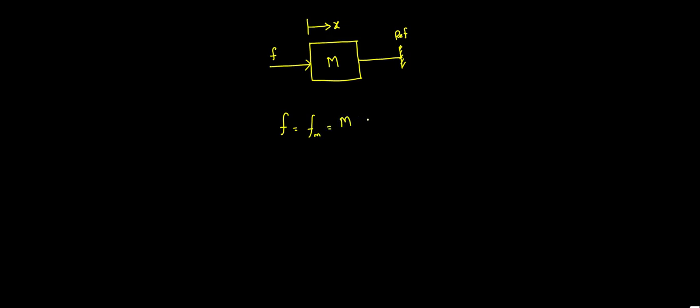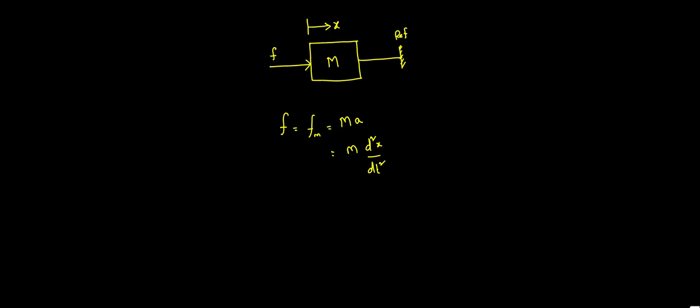F is equal to m into a, the mass into acceleration. Acceleration can be written as d square x by dt square. So the force F can be written as m into d square x by dt square. This is as per Newton's second law of motion.